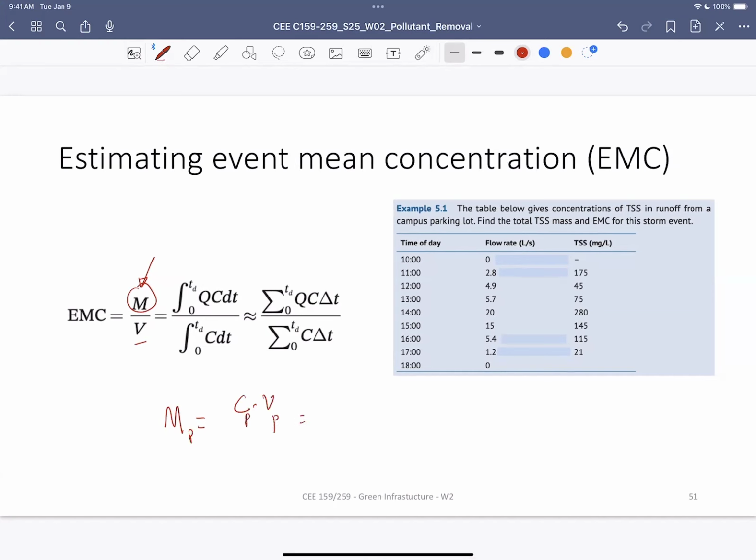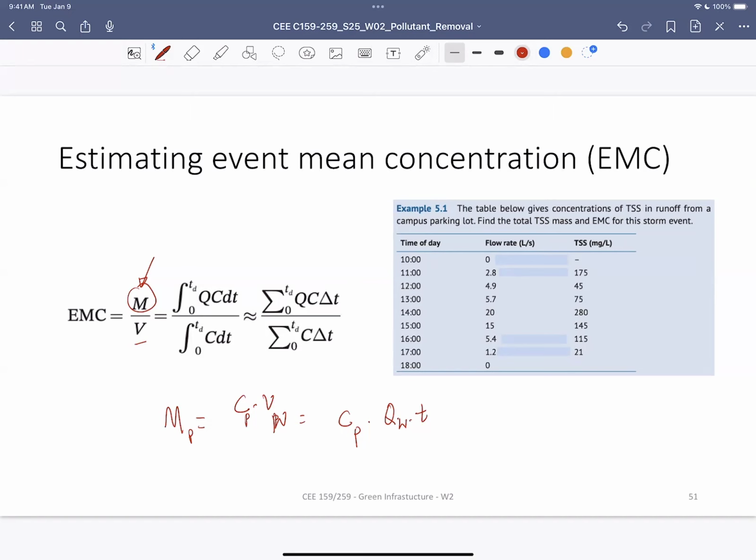You report the concentration, but the volume you don't directly measure because it's flowing. Instead, you measure the flow rate at different times. So you multiply the flow rate by time, and you get the volume of water. That gives you the mass of pollutants.